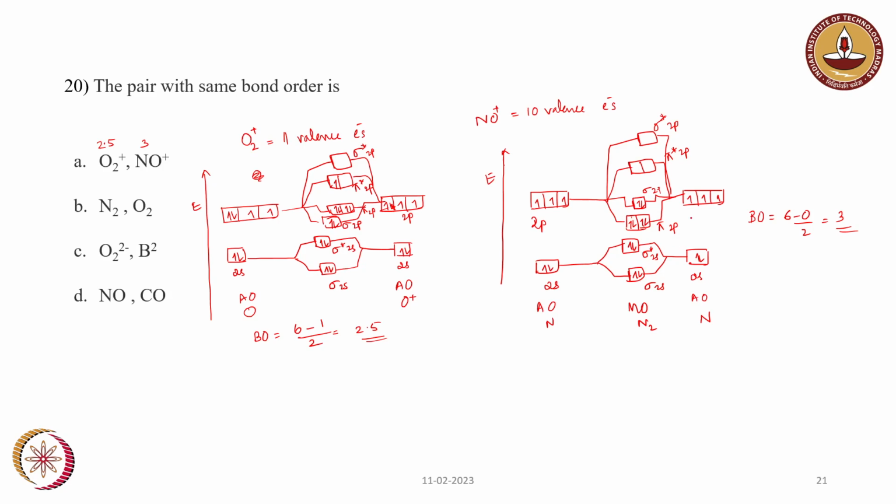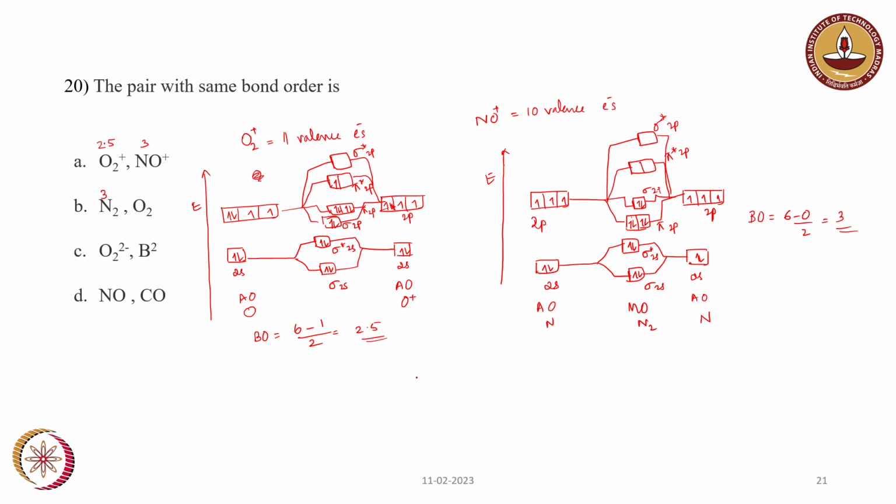For 2p there are 3 electrons in each nitrogen, filled in pi 2p and sigma 2p, so there are 6 electrons. So bond order will be 6 minus 0 by 2, that is 3.